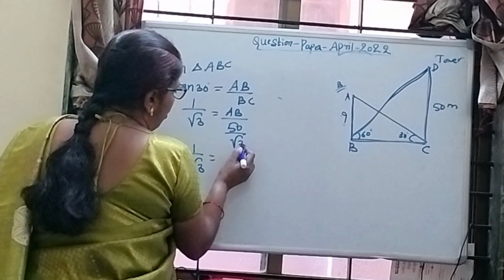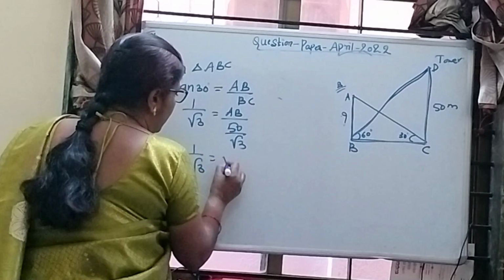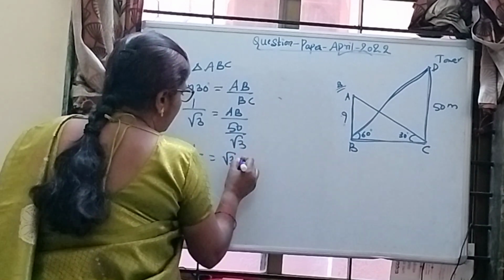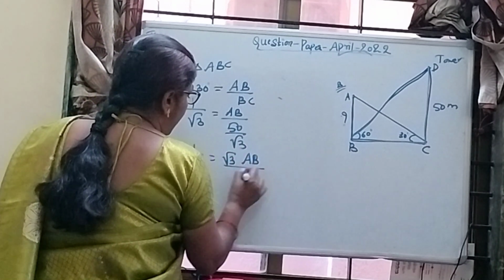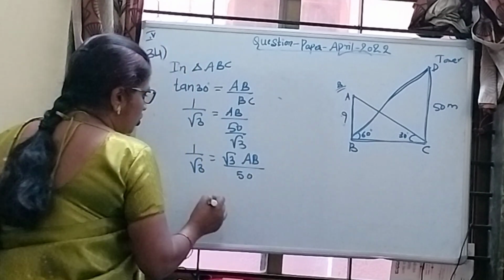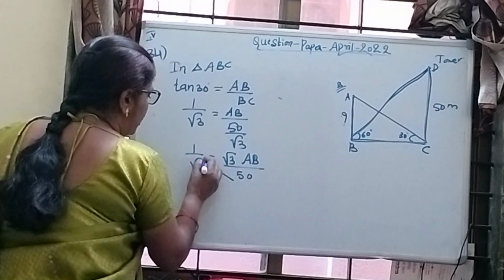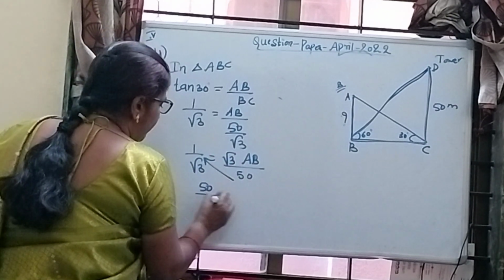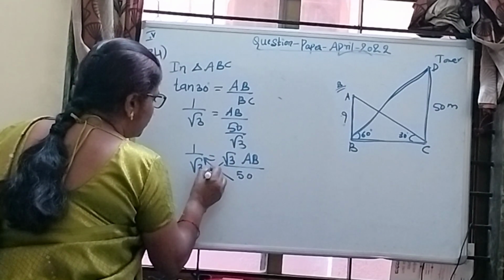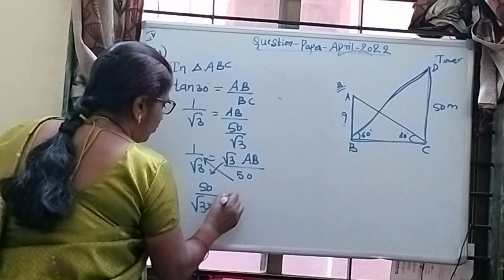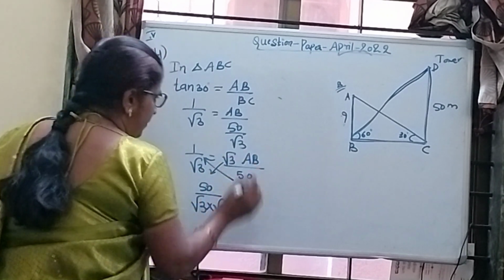So 1 by √3 equals AB divided by 50 by √3. If we take the reciprocal, the denominator goes to the numerator: √3 into AB divided by 50. Now cross multiply. So 50 comes to the numerator, divided by √3, is equal to AB.